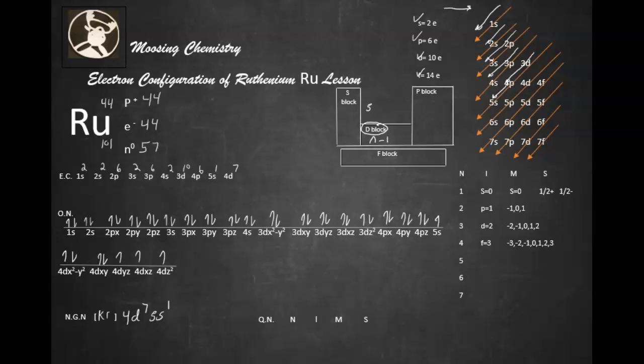So it's going to be 5 minus 1. So the angular momentum is going to be 2 because it's in the d block. And it's going to be the 6th element over. So you're going to go minus 2, minus 1, 0, 1, 2, then repeat minus 2.